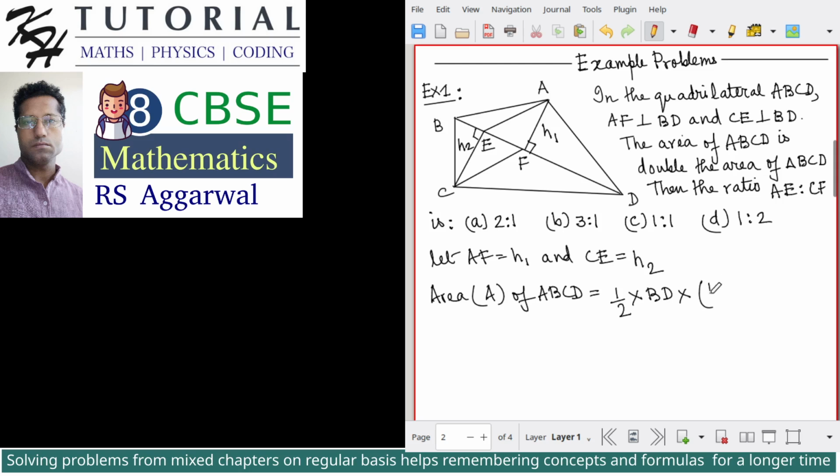So this will be H1 plus H2. Okay. Now what is the area of the triangle?